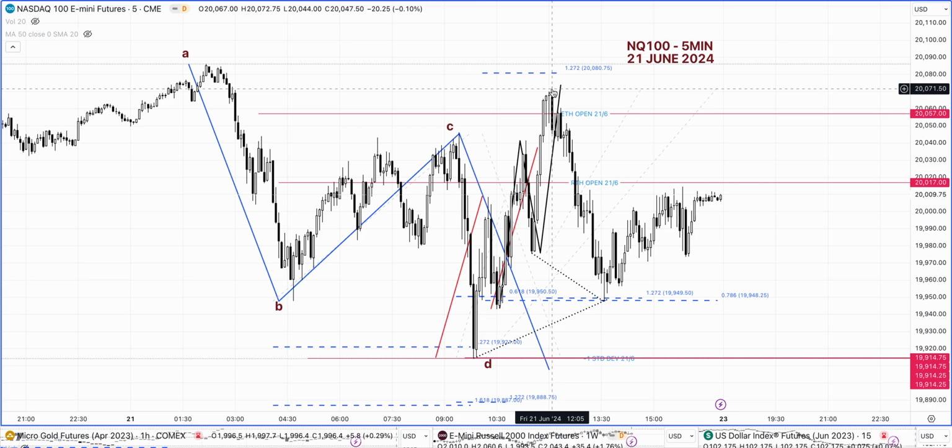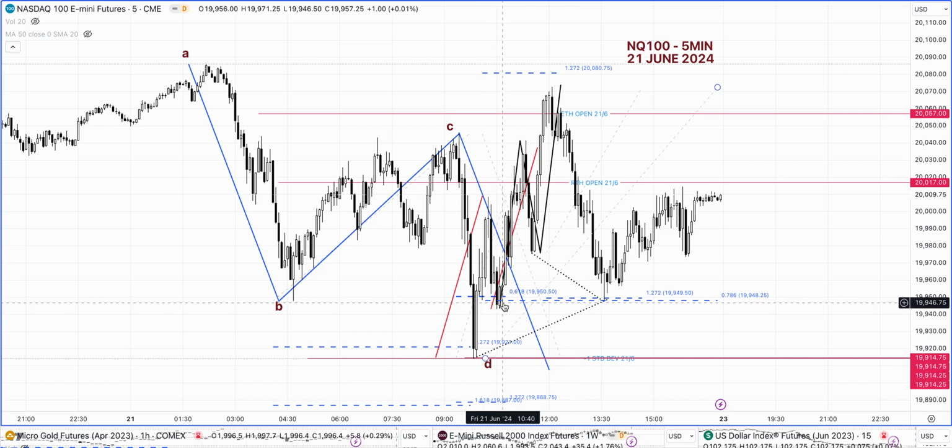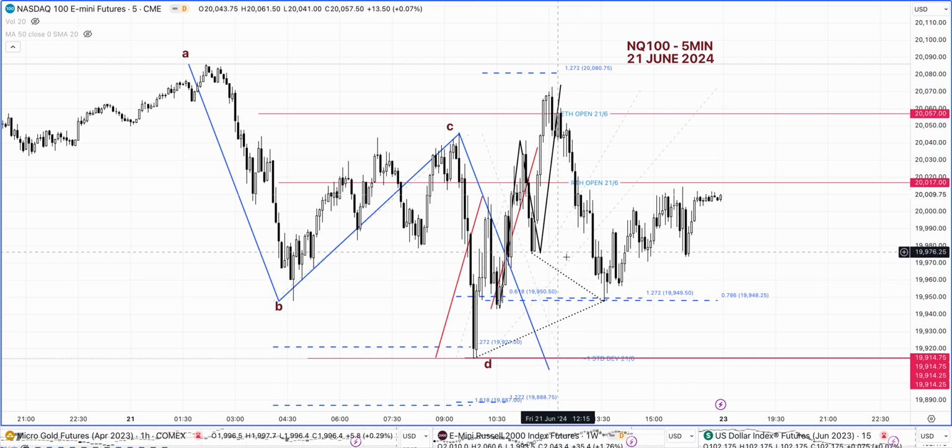And after that, what did the market do? It went right back to its support around here, which also happens to be the 78.6% retracement of the day's low to the day's high, and also a 1.272 expansion from this low to this high.